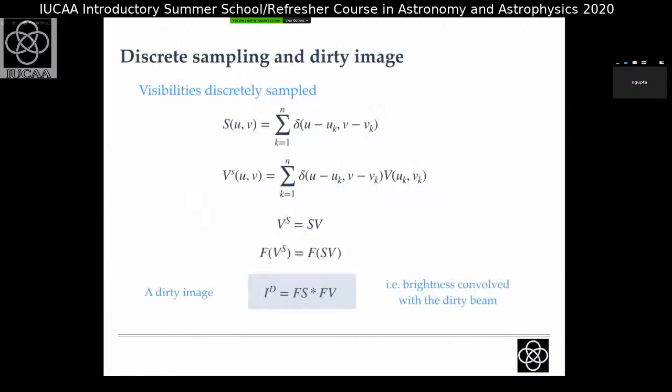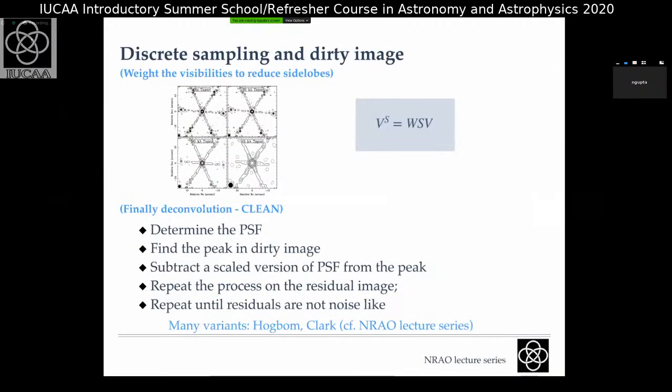So what I can do is choose a certain weighting function, which I write here as W, such that it downweights regions which have poor measurements, and it also very gradually tapers the weight to visibilities as I move towards the outer regions in the UV plane. As a result, the side lobes that come from the abrupt end in the visibilities reduce.